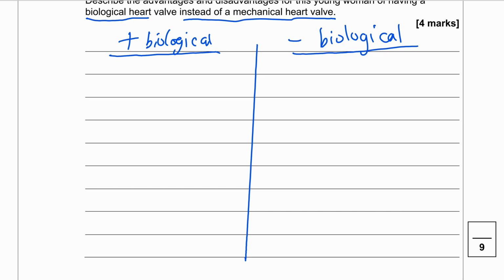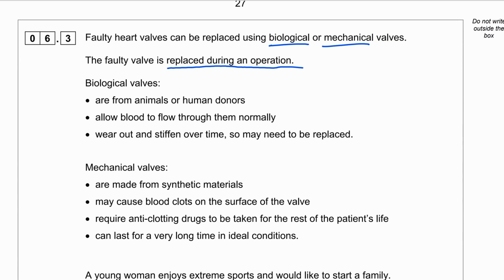So we need to go back to our information about the two valves, and then we need to figure out what are the plus points and what are the negative points about them. Remember that we can't just take the information from here and put them down in our answer. We need to go in a little bit more in depth about what they might be linked to.